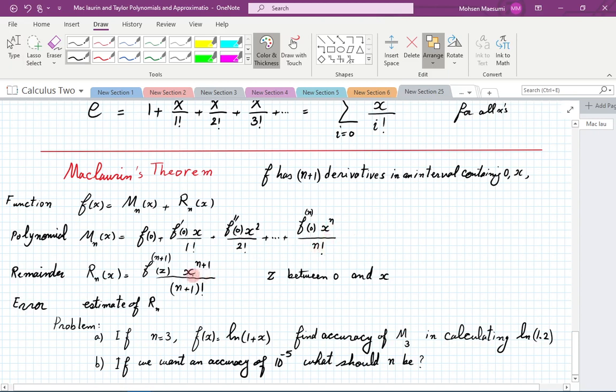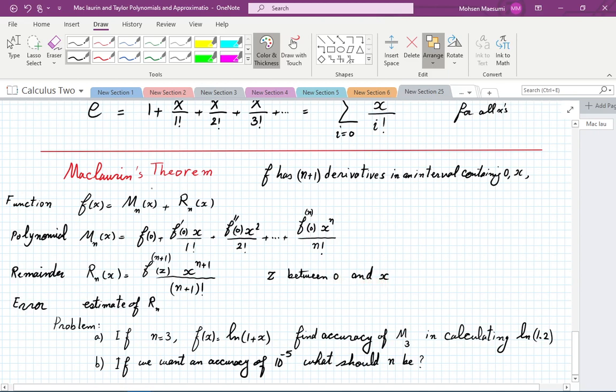So the next one would have been x to the power of n plus 1 over n plus 1 factorial. The thing that is different is that this next derivative, instead of being evaluated at 0, is evaluated at some point z between 0 and your quantity x.